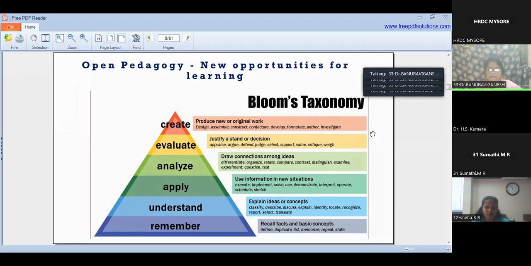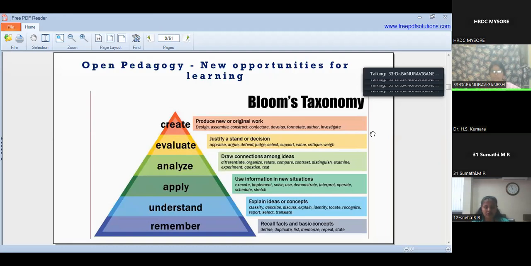Whenever you are, as a teacher, devising, updating or developing the syllabus, we need to take all these 6 elements. In the present curriculum, by and large we give ample scope for apply, understand and remember, but only very limited scope for analyze, evaluate and create.